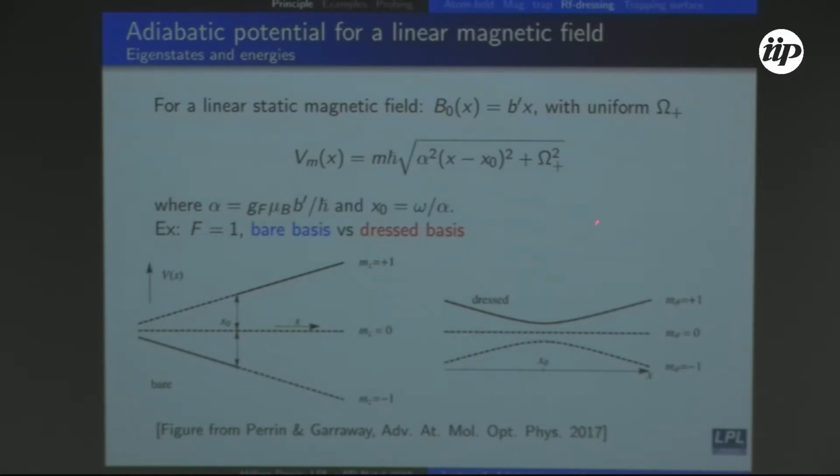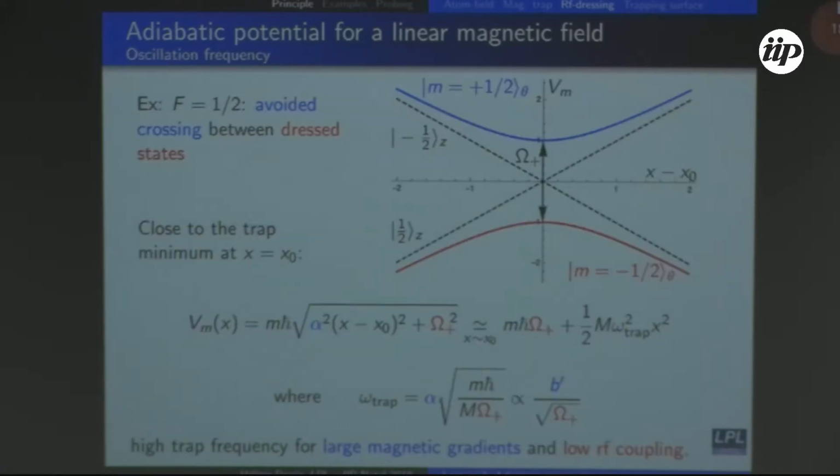So you find a way to trap atoms at positions in space where the radio frequency is resonant with the magnetic field. The radio frequency is the same everywhere, so it means it fixes the magnetic field at which the atoms will be located. So the atoms will be located on isomagnetic surfaces.